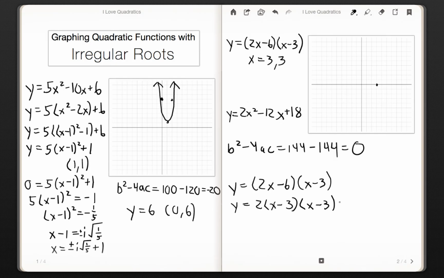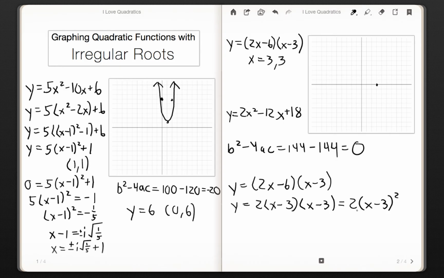Now, if we continue simplifying this, we will get 2 times x minus 3 squared, because this term is just multiplying by itself. And now here's where you can draw a big connection, because now we're left with an expression that is technically in vertex form.